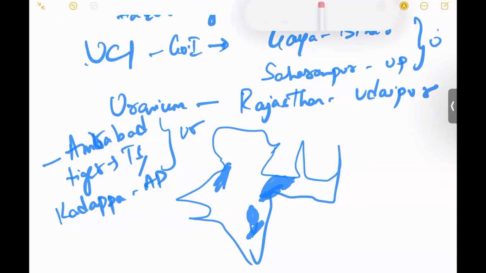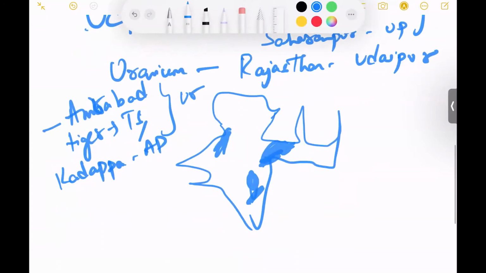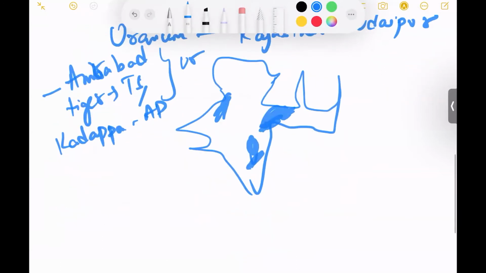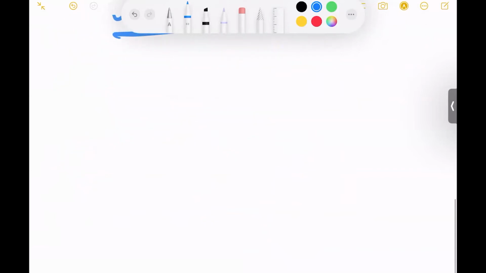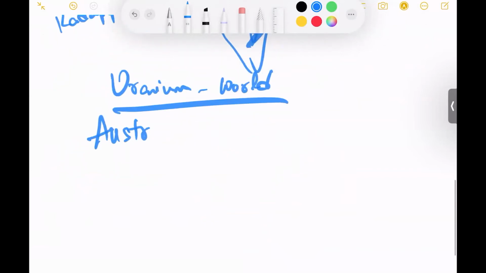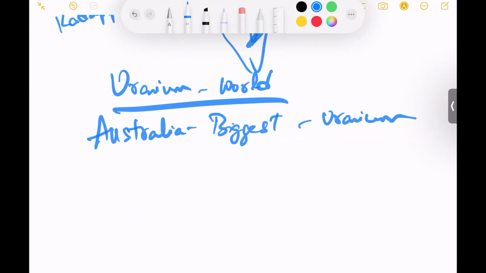And then the next side heading will be uranium reserves across the world. Obviously everyone knows that Australia is the biggest producer of uranium. It has a lot of uranium reserves, and it is the pioneer in uranium mining. Apart from that, Central Asian countries like Kazakhstan.